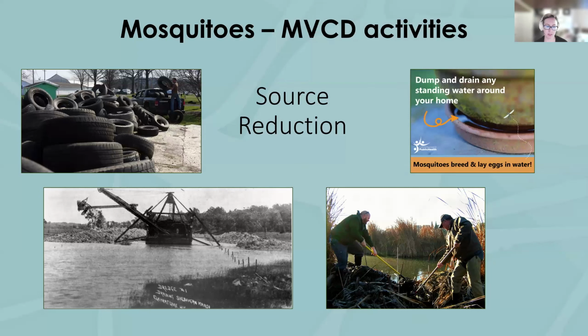Due to environmental concerns, that's not a tactic that most people would advocate for now, draining huge swamps. But we do nonetheless do source reduction on things like tire collection programs, public awareness campaigns for things like dumping out plant saucers. And this picture is of some of our technicians removing a beaver dam that was causing a mosquito source in a residential neighborhood.